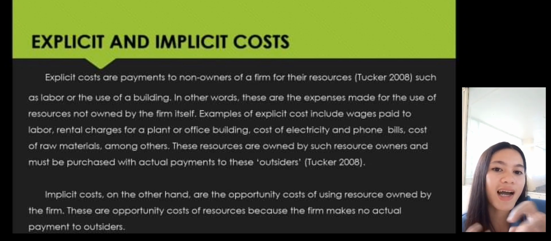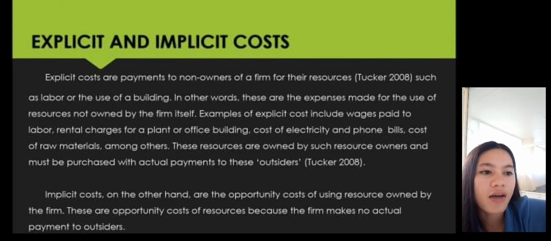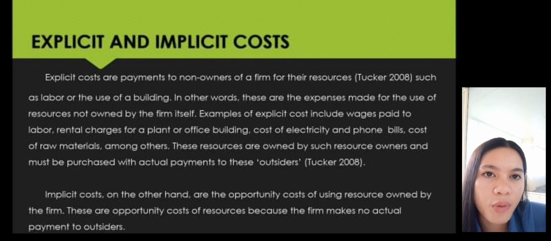So, gitag-iyahan siya nan kaugalingon nila na company. So, sa ila mismo ang mga resources. So, these are the examples of implicit costs. The use of owner's car, computer, or other personal equipment to conduct business. So, amo yan siya an example ng implicit cost.